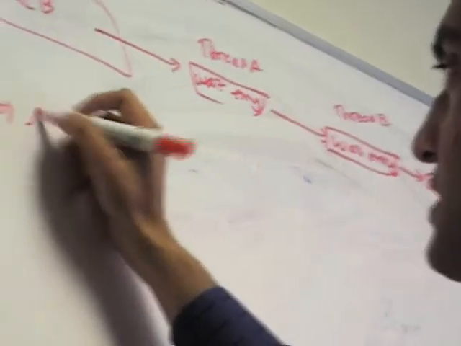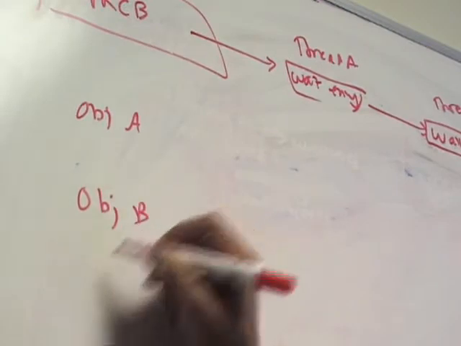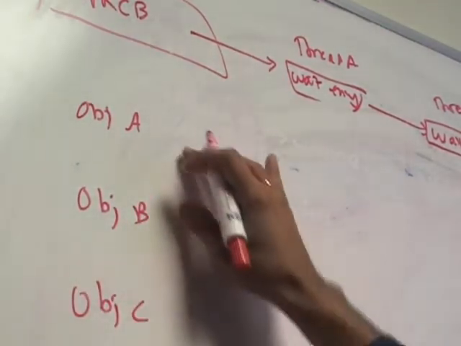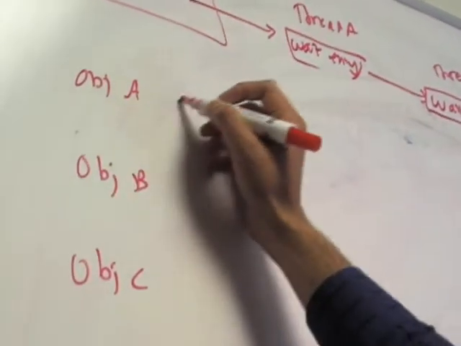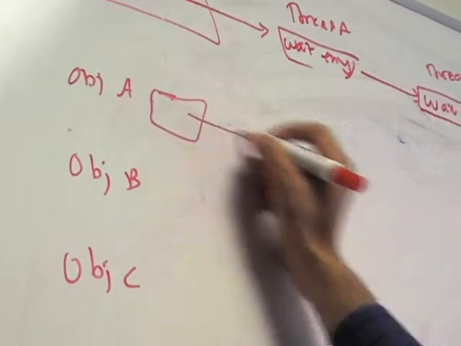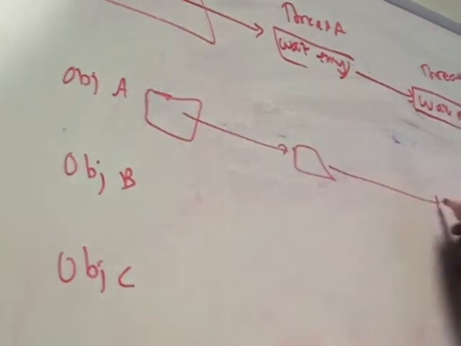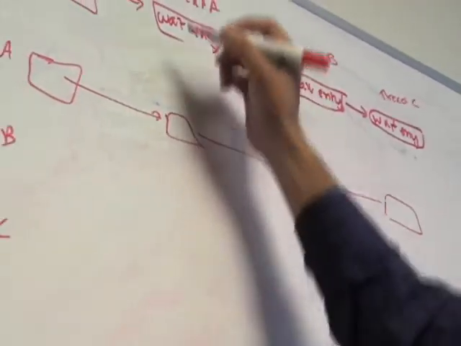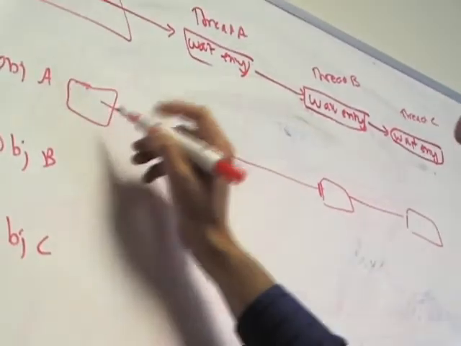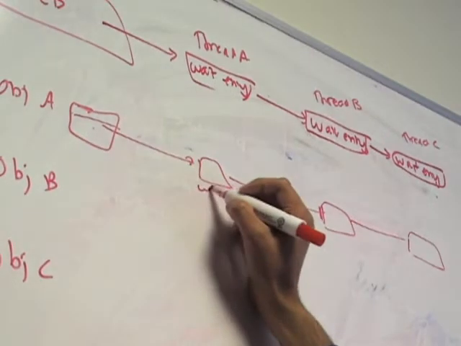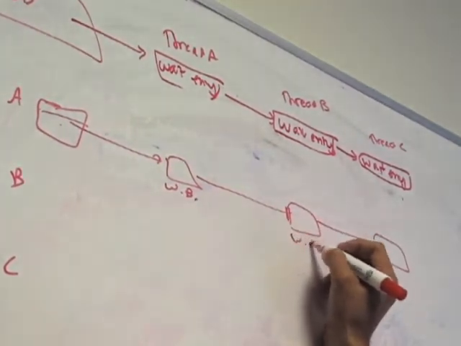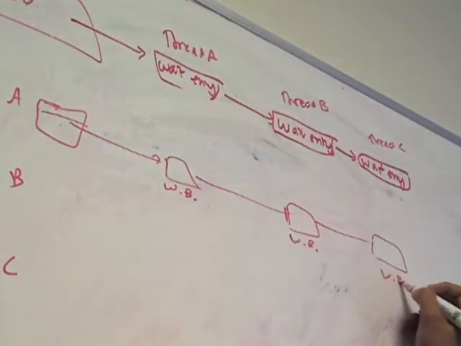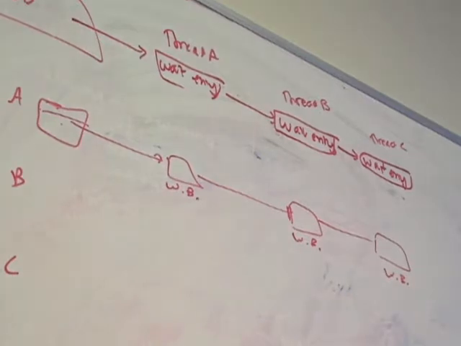So over here you have object A, object B, object C. Each object has a wait block associated with it. Or sorry, this is the object, and this is a list of wait blocks. These things are called wait blocks, and this expresses an interest in the object.